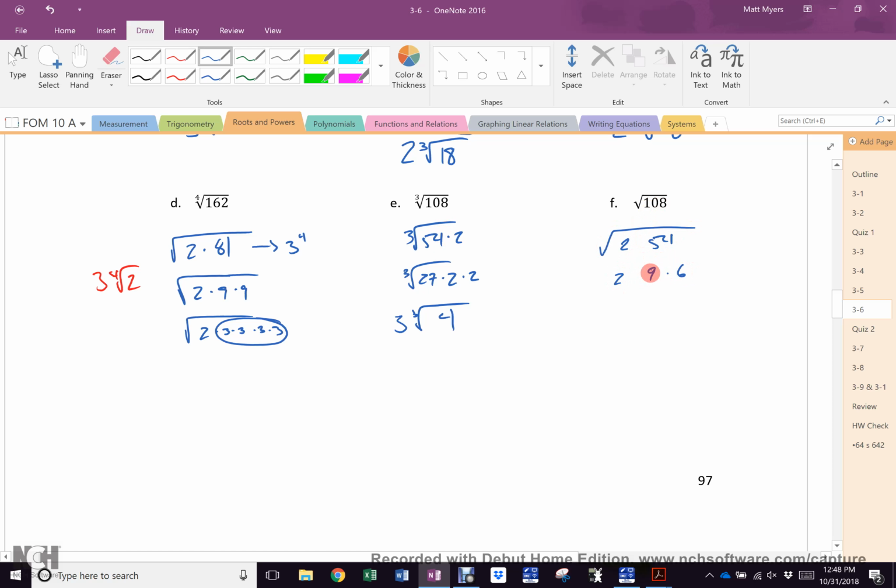Can I get that out now? What would it be? 3. And I left 2 and 6 under there. What does 6 become? 2 times 3. Is there a pair? So what comes out? The 2. What's already out there? What do I do with those? 6 root. What do I leave under there? I left a 3.